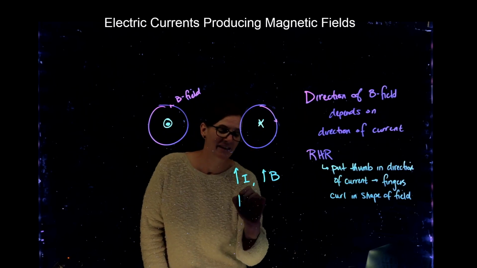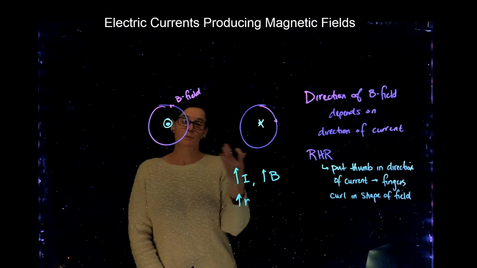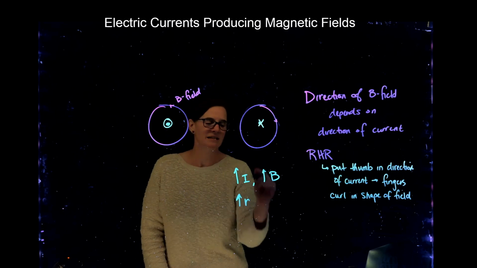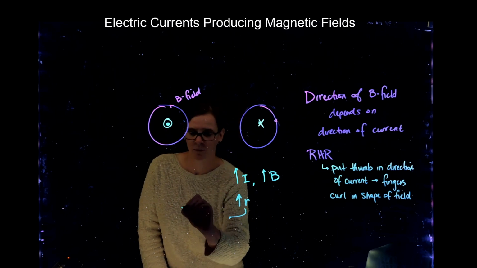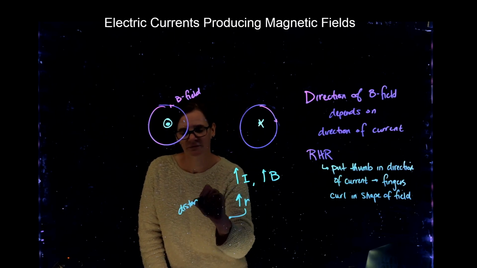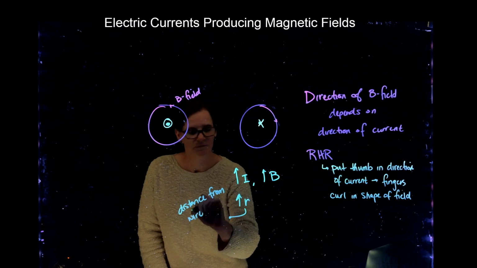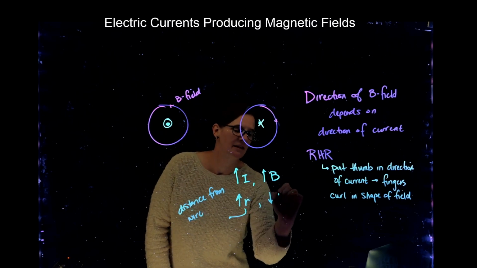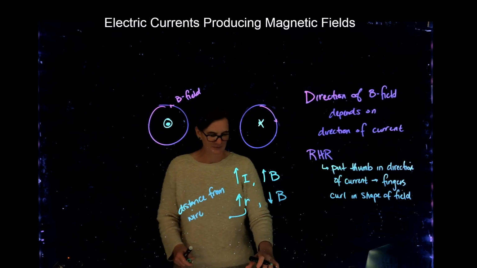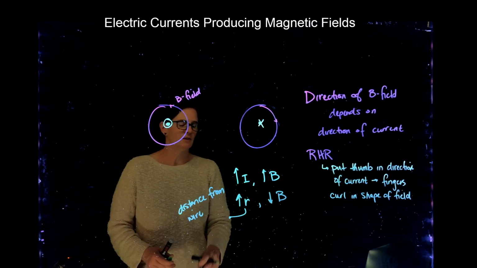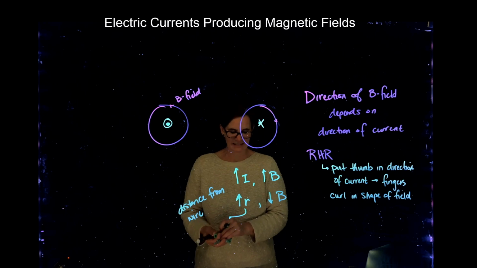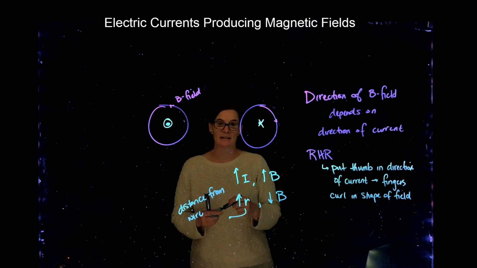So as I increase the distance, we call that a radius, the distance from the wire, then I decrease my magnetic field. Right? So if I increase my distance, I decrease my magnetic field.